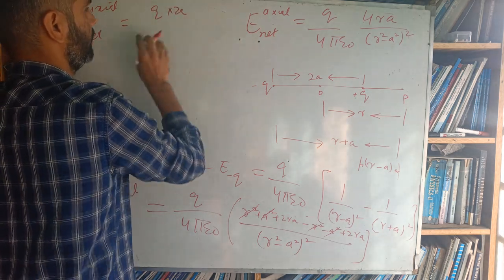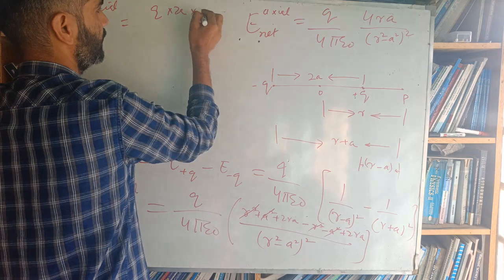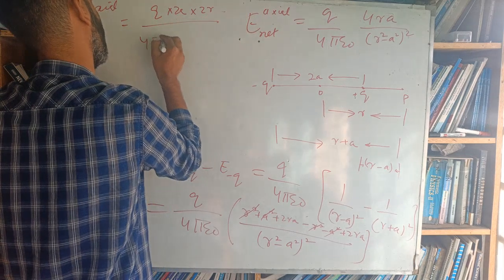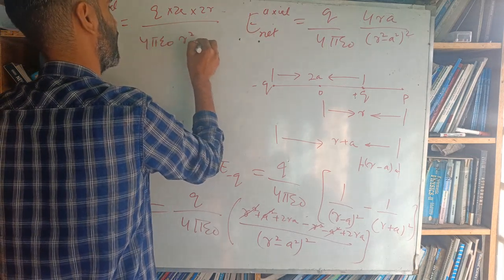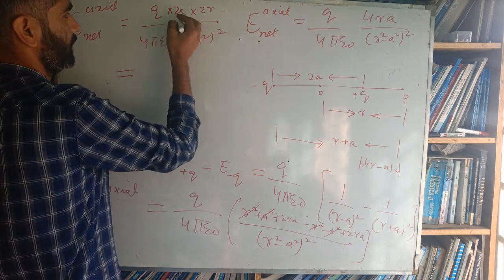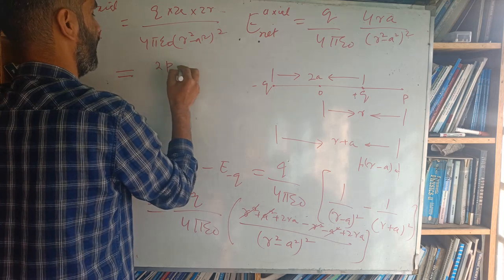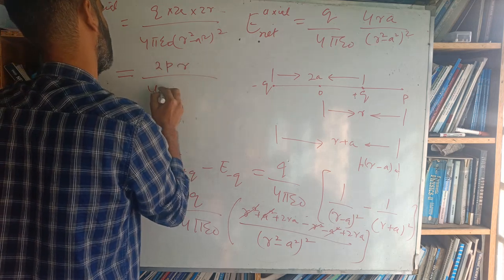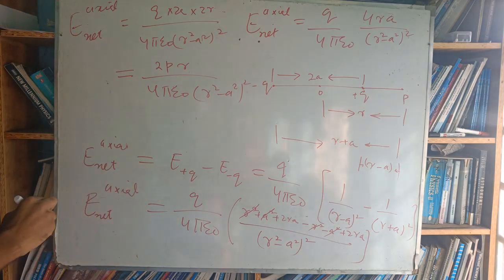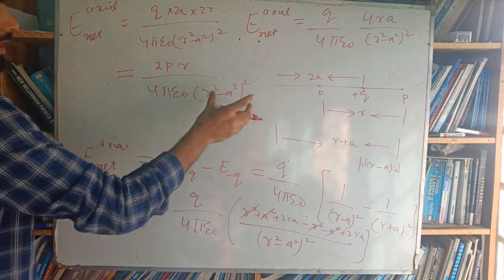This quantity gives me the electric dipole moment, and then I'm left with 2r over 4 pi epsilon naught r square minus a square whole square. So this gives me q into 2a is p, the electric dipole moment, and this is the expression for the electric field on the axial line of the electric dipole.